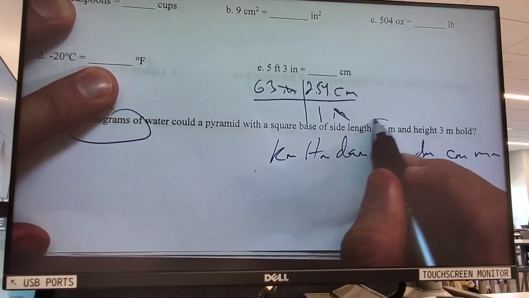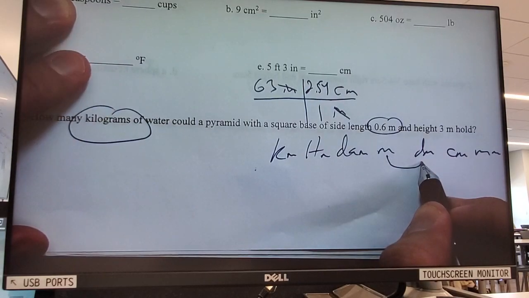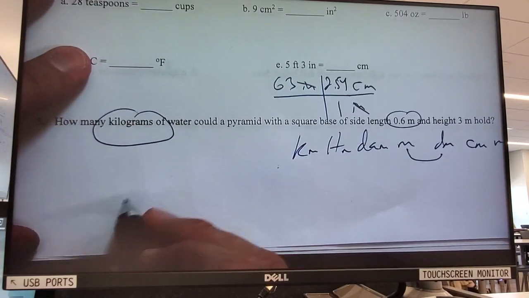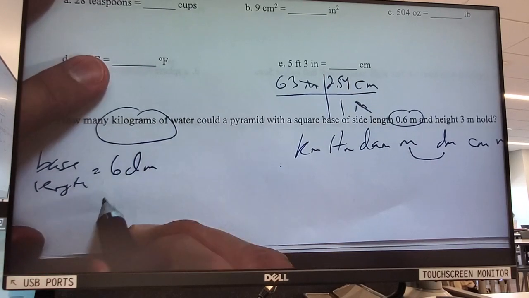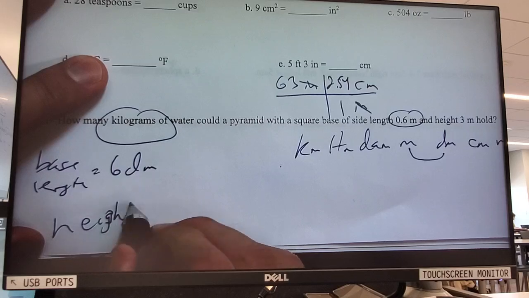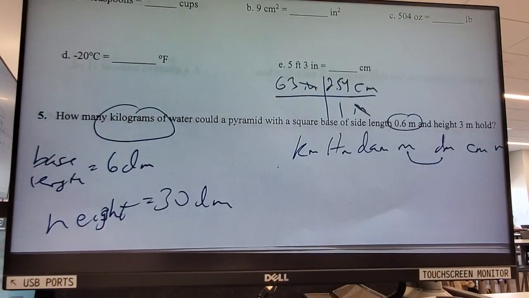And I want to go from meters to decimeters, so I just have to go one this way. So what's the length going to be of the base? 6 decimeters. And what's the height of the pyramid going to be? 30 decimeters. And now you find the volume, and since you changed those to decimeters to begin with, your answer will just be automatically converted to kilograms. Okay, because you chose the one that goes right there. Thank you. You are very welcome.